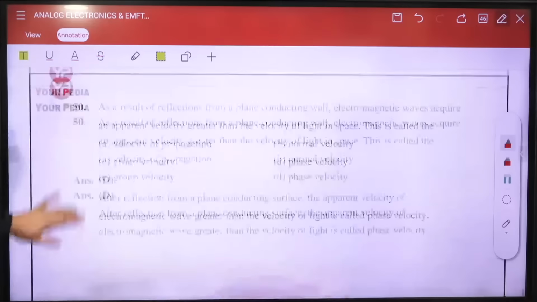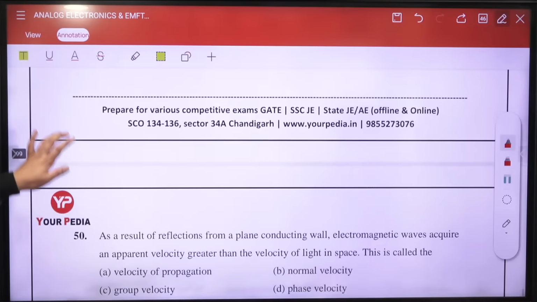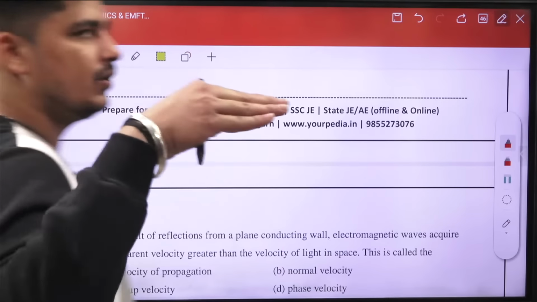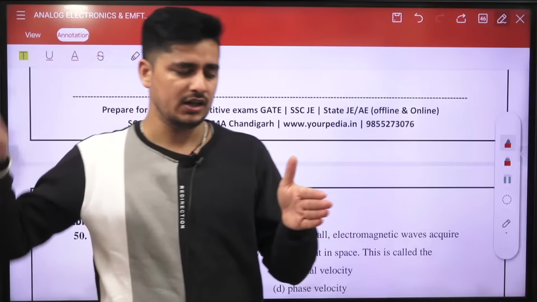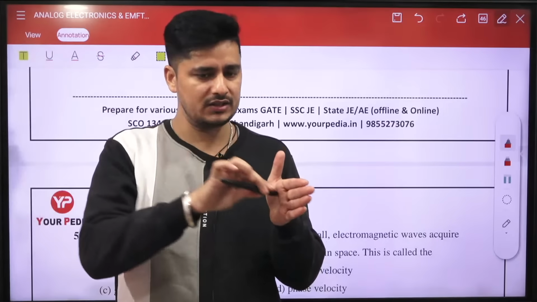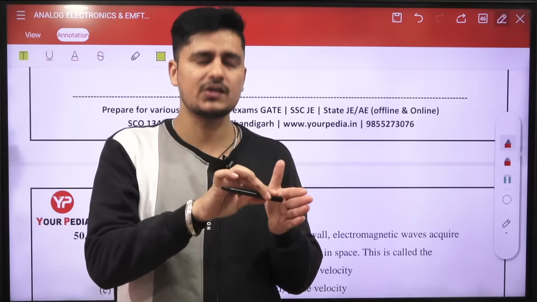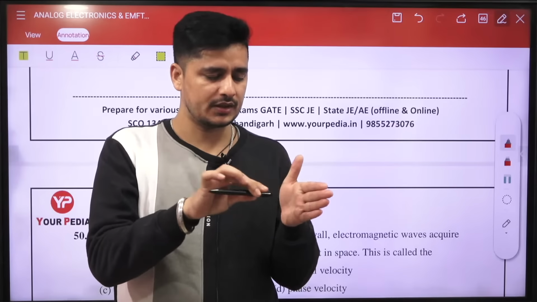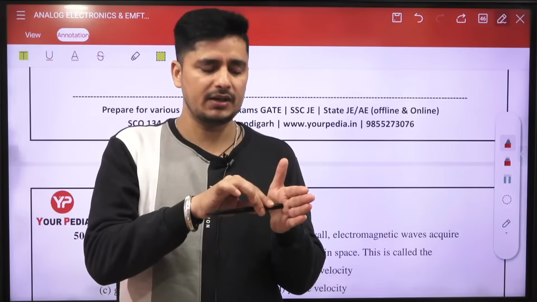And the last question: on reflection of a plane wave from a conducting plane, the electromagnetic wave acquires an apparent velocity greater than the velocity of light in space. What is it called? See, basically, whenever your wave is traveling through a bounded medium, let's take a waveguide. The wave is traveling, and when the wave strikes this boundary, it will be reflected by that conductor.